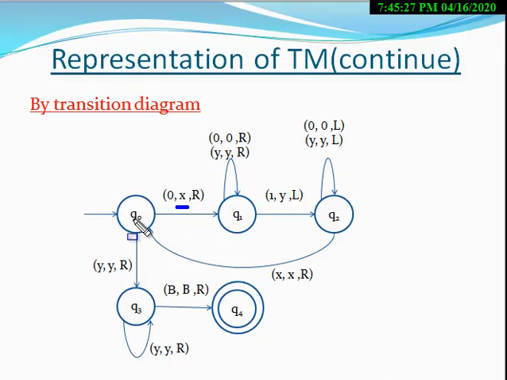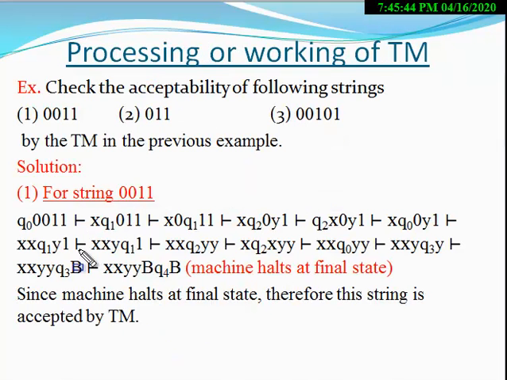Now you apply these three actions in the initial ID. Here Q0 changes to Q1, and this 0 is replaced by X. Third action, the head of the machine moves to the right direction.